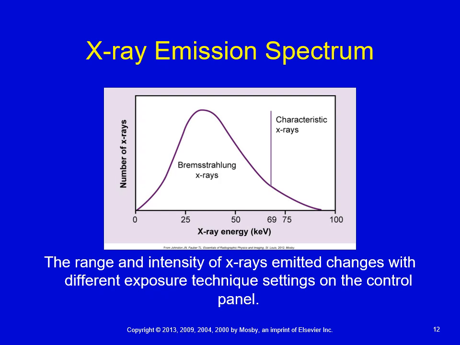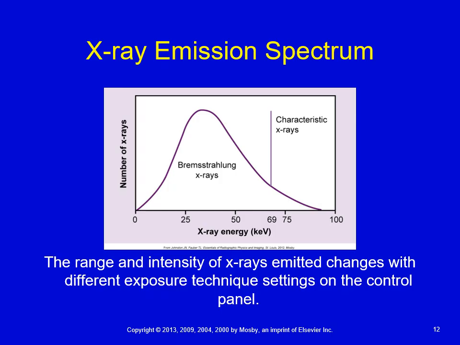So if you're doing any exams where your kVp is not at least 70, there are no characteristic X-ray photons in that beam. Now, Brems X-rays have a range. Those X-rays have energy levels from just above 0 up to the max energy of what you set for that particular exam.